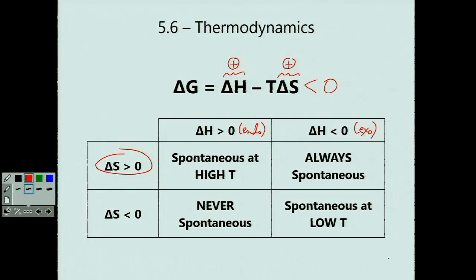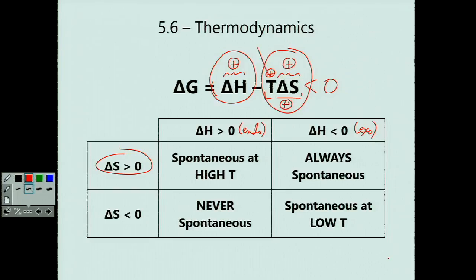The lowest T value is a 0, absolute 0. And there's no such possibility of attaining absolute 0. Okay? This is a theoretical number. So this is positive. So that means that this whole piece is positive. So you have a positive number from which you're subtracting a positive number. How can you make that difference negative?